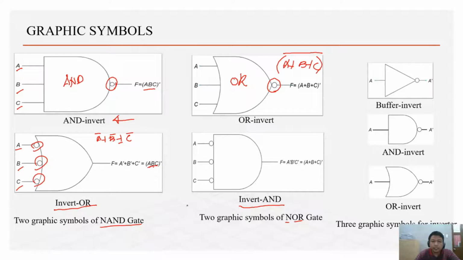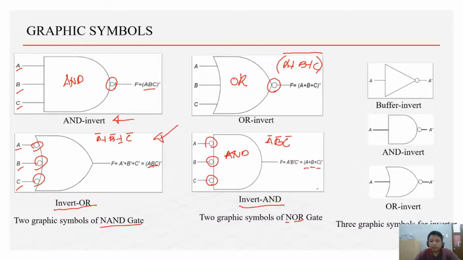So just like our NAND gate, we also have an invert AND for our NOR gate. It is basically an AND gate wherein the inputs are negated or complemented, NOT A ANDed to NOT B, and of course ANDed to NOT C. So if we factor out the prime, we can have (A plus B plus C) prime.